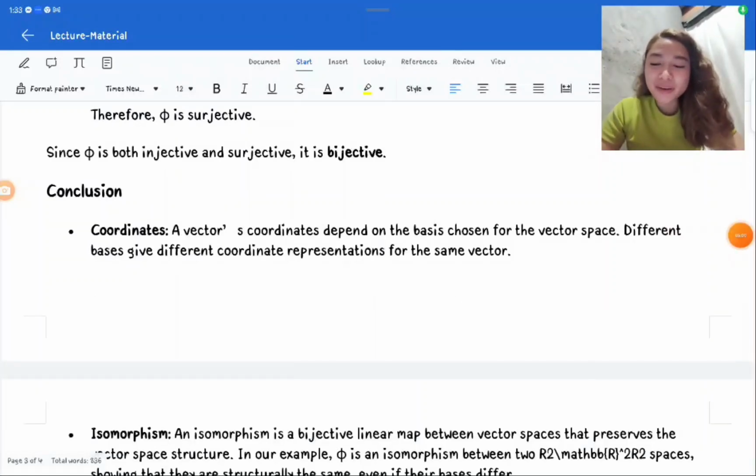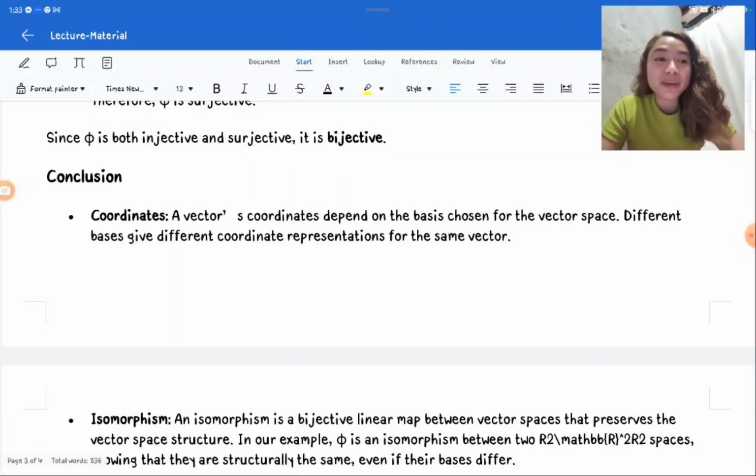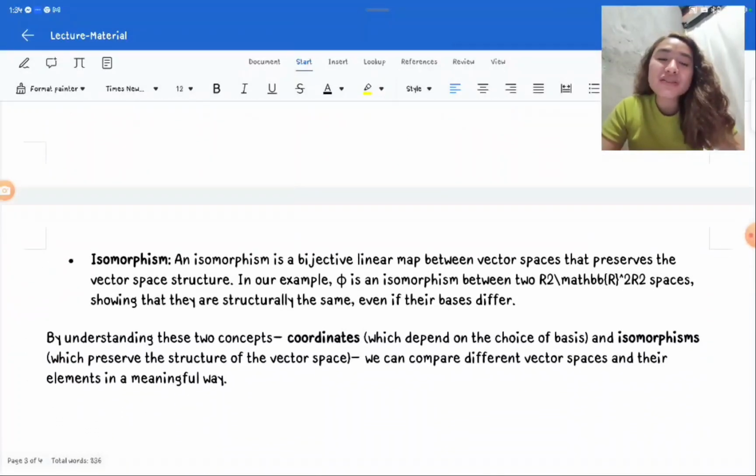To summarize, coordinates give us the components of a vector relative to a specific basis. The coordinates change if we change the basis, but the vector itself remains the same. An isomorphism is a map between vector spaces that preserves the vector space structure.